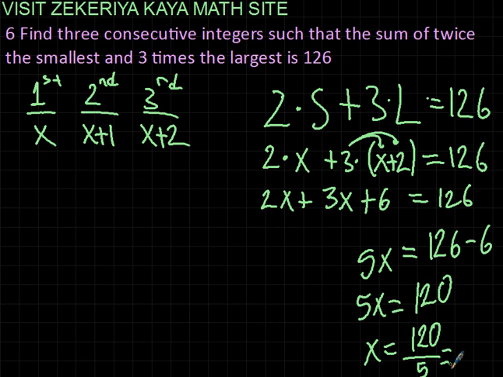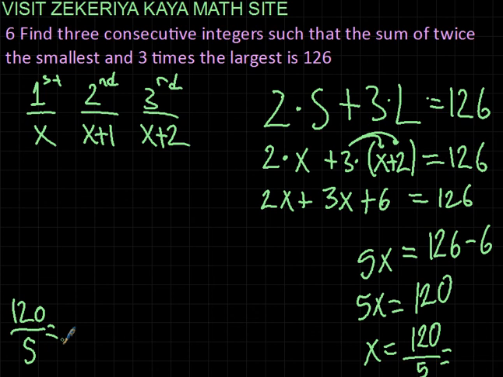I don't have a place in that part, so I will do it in here. 120 over 5. I want you to get an idea: for some questions, you can make it simpler. You don't have to divide it in your mind or somewhere else.